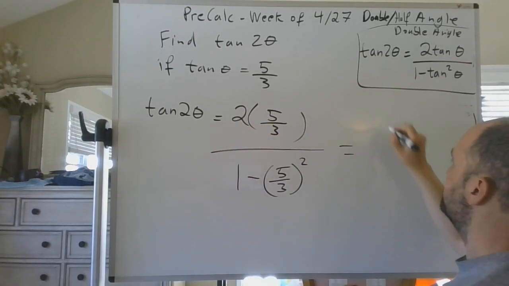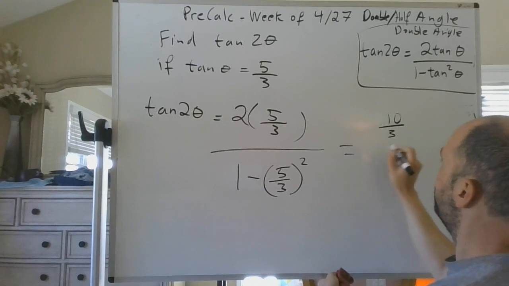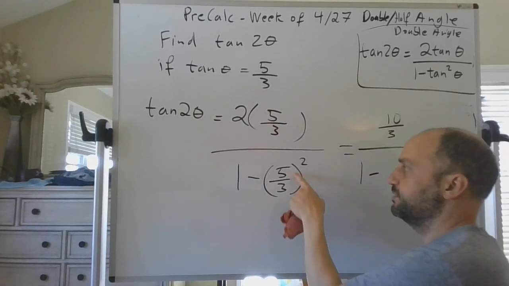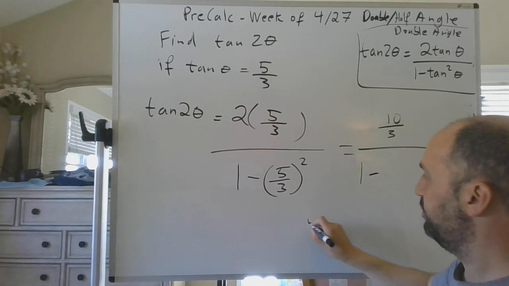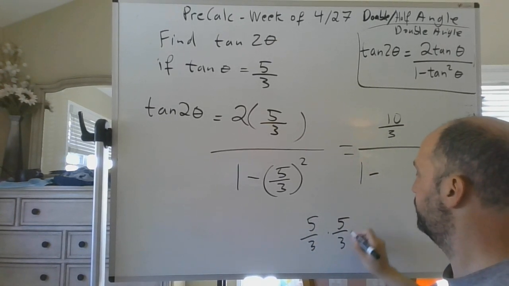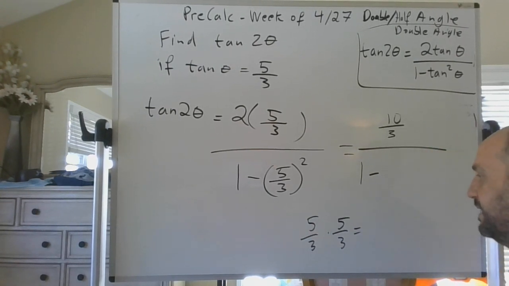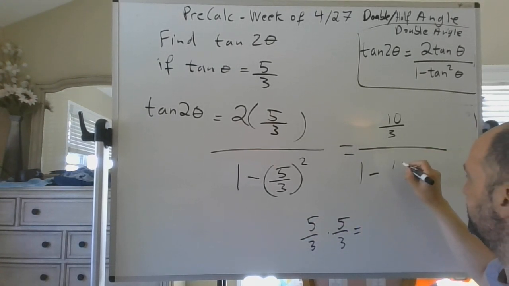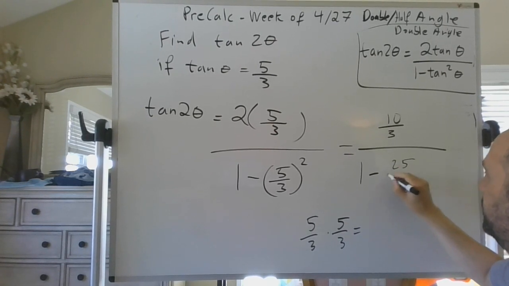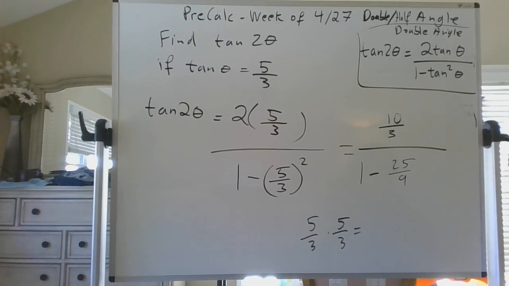2 times 5 is 10 over 3, all over 1 minus, let's work this out, 5 over 3 times 5 over 3. It's going to give us 25 over 9. Okay, so we want to work that out some more.